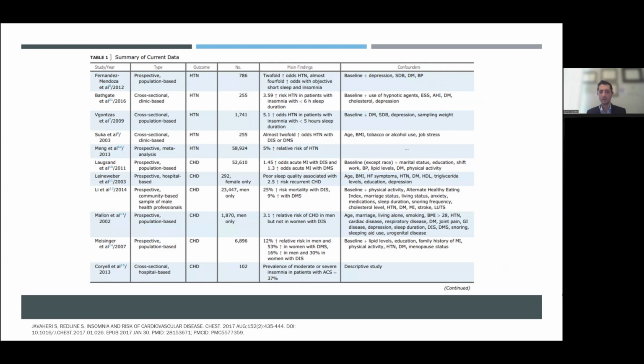Again, it's probably a good idea for us to see the patient in sleep medicine to determine what's the best direction for treatment and how the patient can take back control of their sleep. These are the same confounding factors that are in a lot of these cross-sectional studies that looked at the correlation between insomnia and cardiovascular disorders, so systemic hypertension specifically, and heart disease.